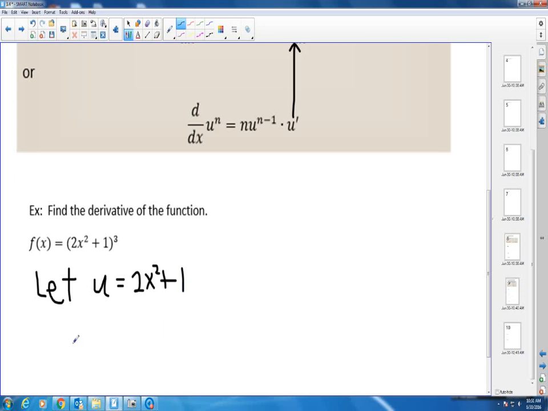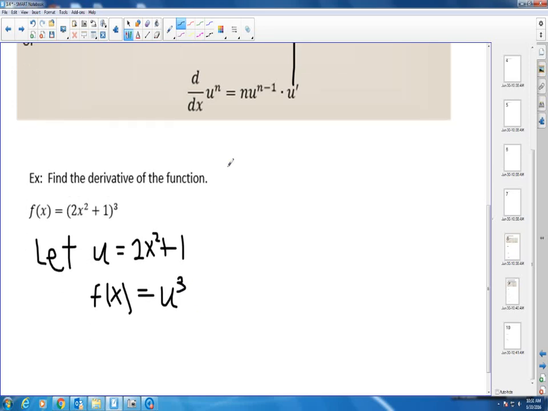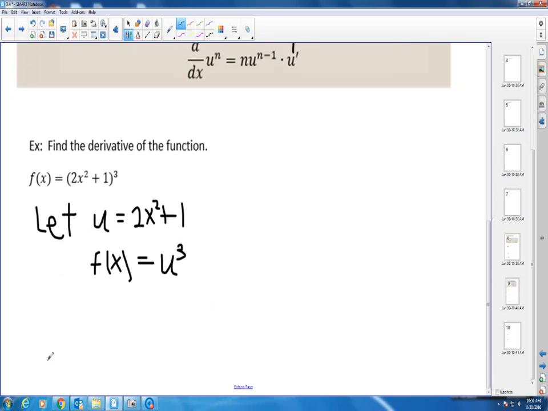That means my entire function f of x is u to the third power. Using my rule, f prime of x is n times u to the n minus 1 power times u prime.